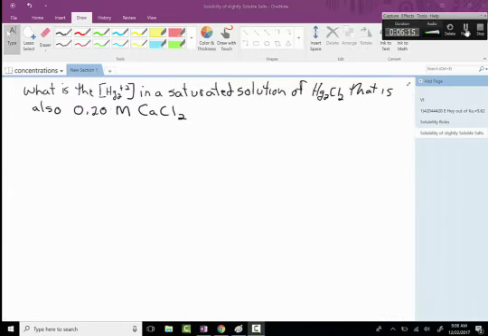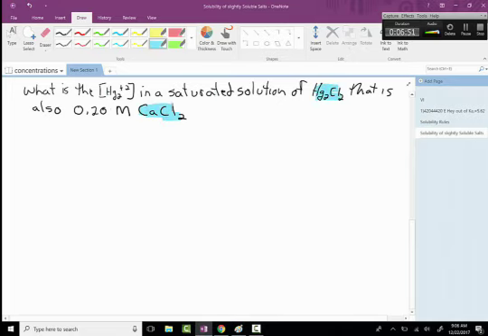Okay, here's my second problem. What is the concentration of mercury 2+2 in a saturated solution of mercury chloride that is also 0.20 molar calcium chloride? So it's the same problem, but a little bit more complex. I want to go through it pretty quickly with you. The first thing I need to do is think about what all I have in solution. We have mercury chloride and calcium chloride.